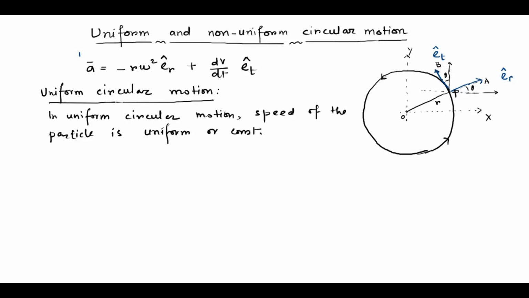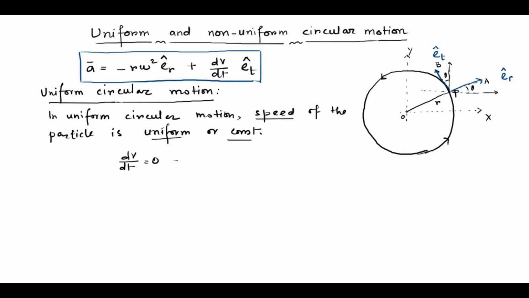So if this is true, then here is the main equation, a equal to this term. In the main equation, dv by dt equals 0 because speed is constant.